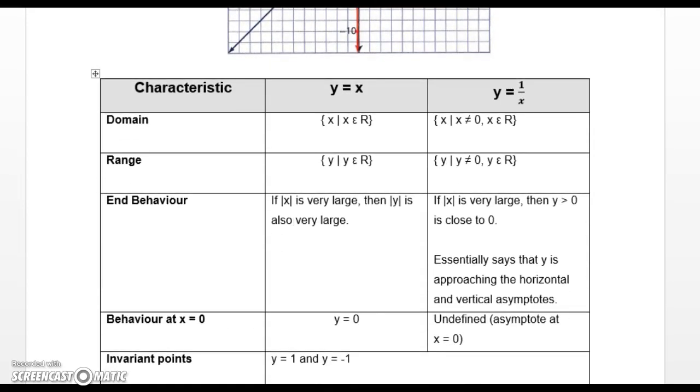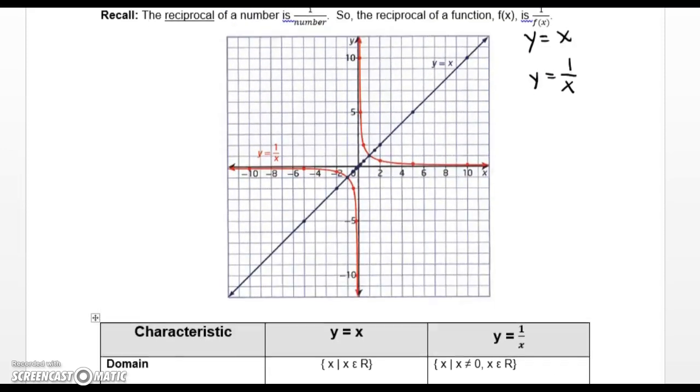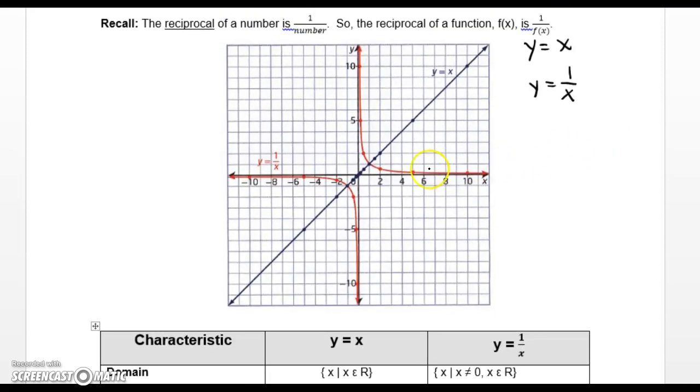Looking at the range, that's looking at the spread of your y values, so what y can and cannot be. Very similar thing happens here. So y could be anything in our original function, but in the reciprocal function, y cannot equal 0. So let's take a look at that in that graph. So here we can look at the spread of our y values on our original function. And you could say that there's no breaks in the graph.